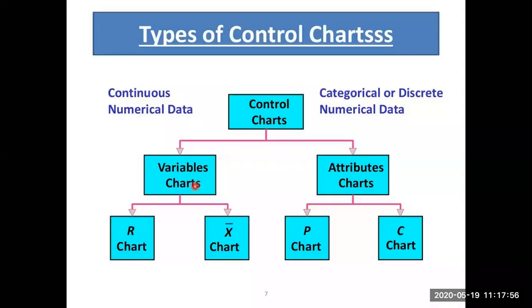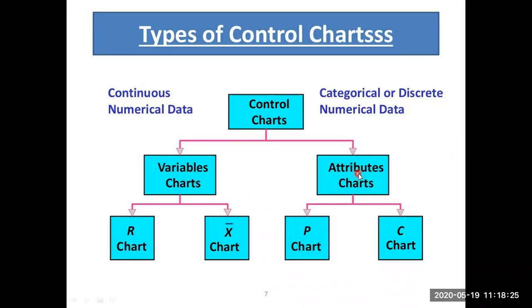Suppose you are producing 20 rupee coins in a factory, and the weight should be 10 grams. That is measurable, and for that type you use variable charts. Measurements such as height, weight, length, and diameter all come under variable charts.